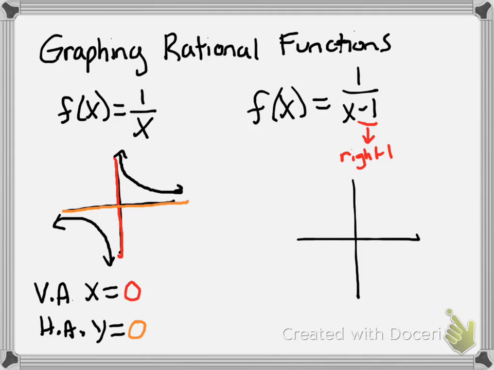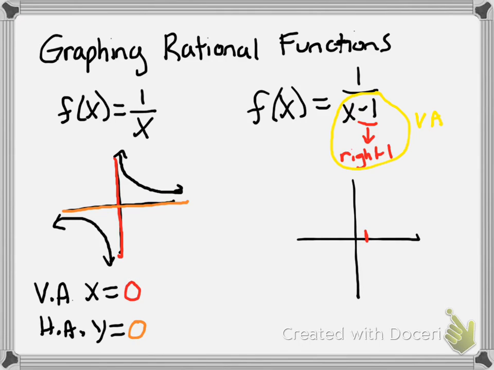Okay, there's my normal xy coordinate plane, and this right here is going to tell you what your vertical asymptote is going to do with your function. Instead of going through the origin, it's actually going to go to the right one.